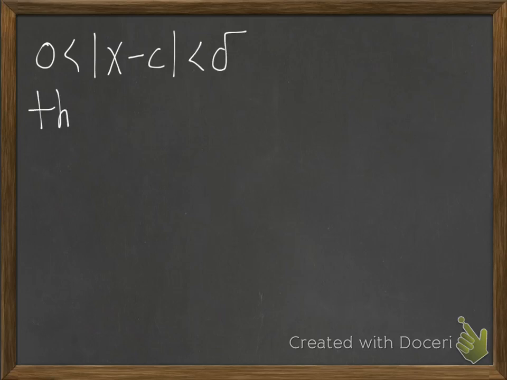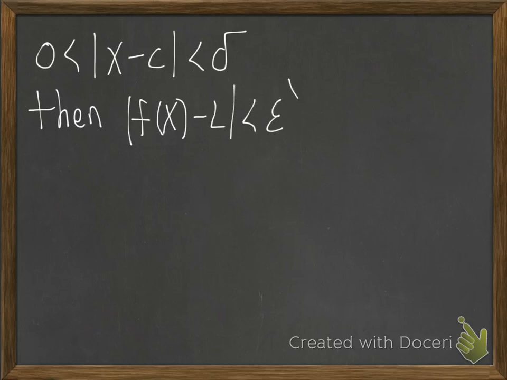And now we can say, since f is continuous, we know that if x minus c is less than delta, then we can say with full confidence that the absolute value of f of x minus L is less than epsilon prime. But that's the same as saying that f of x minus L is less than our original epsilon over the absolute value of b.